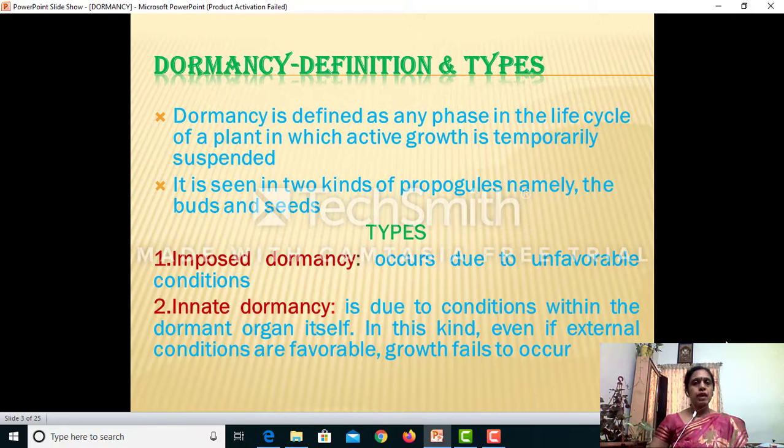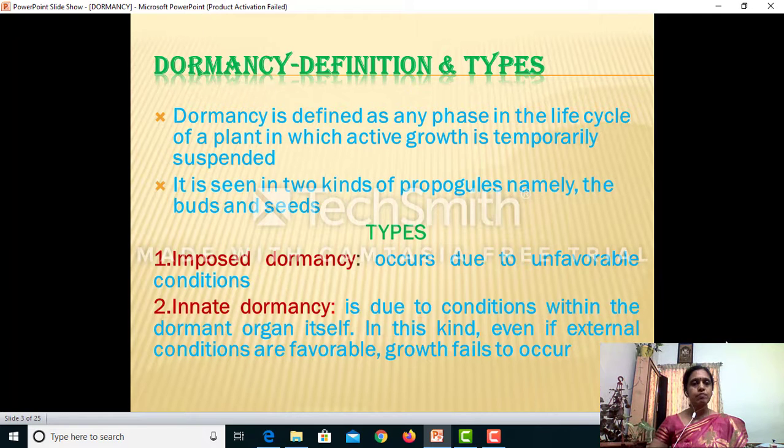What are the types of dormancy? Before that, let us see the definition of dormancy. Dormancy is defined as any phase in the life cycle of a plant in which active growth is temporarily suspended. It is seen in two kinds of propagules, as I have already mentioned, that is the buds and seeds.